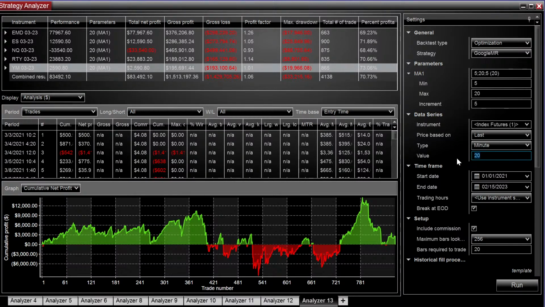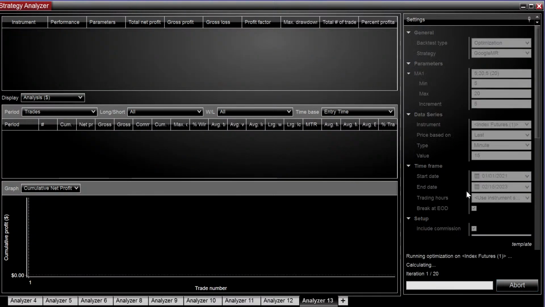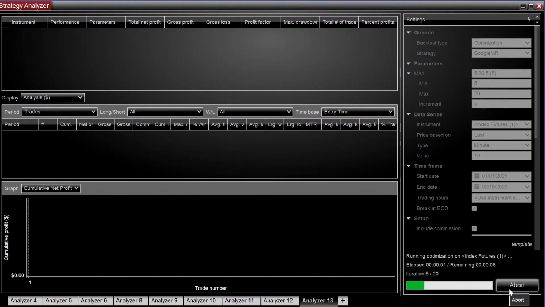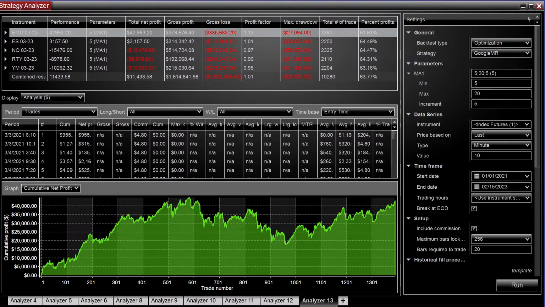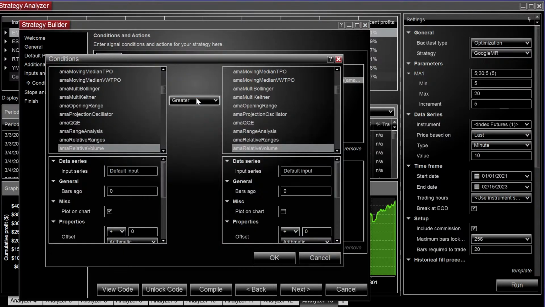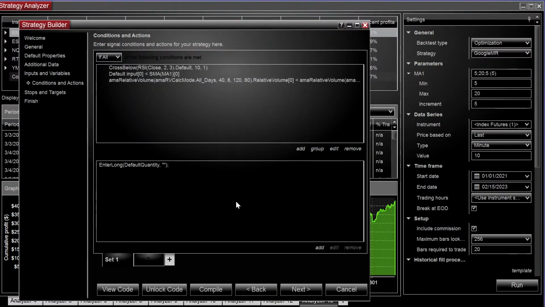Let's do the 15-minute. Let's do less. Relative volume is lower than the ratio.